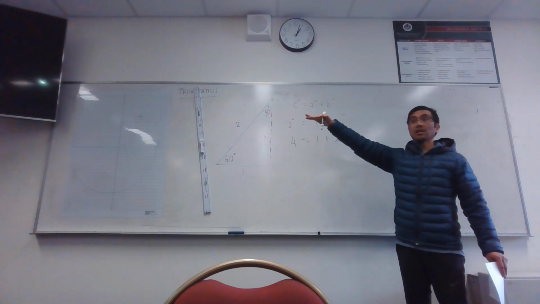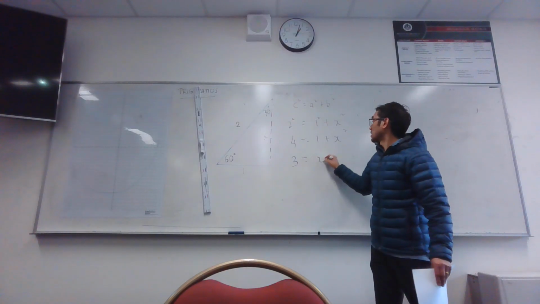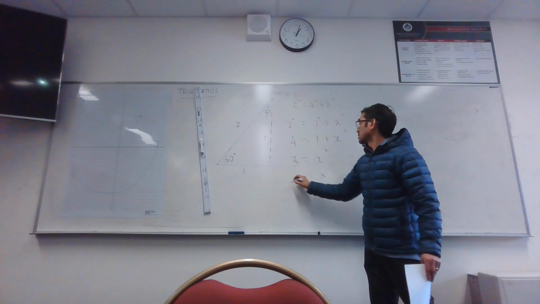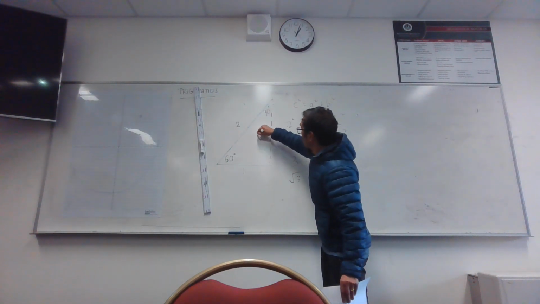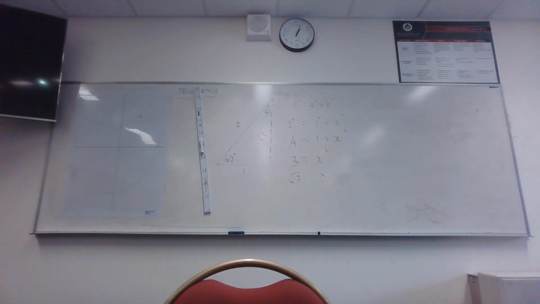What's on the other side now? If 1 moves over, now we have 3, X squared. Once again, X is root 3. So now we've got a root 3 here. Everyone with me so far?